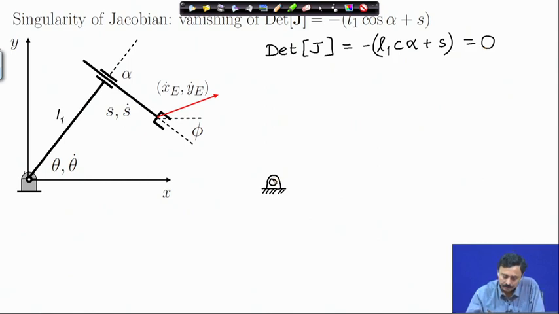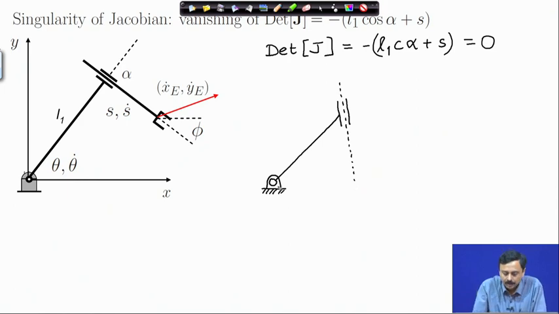Now, if you look at this configuration, so I have the first link drawn, and the dashed path is the path of the end effector as you change s.